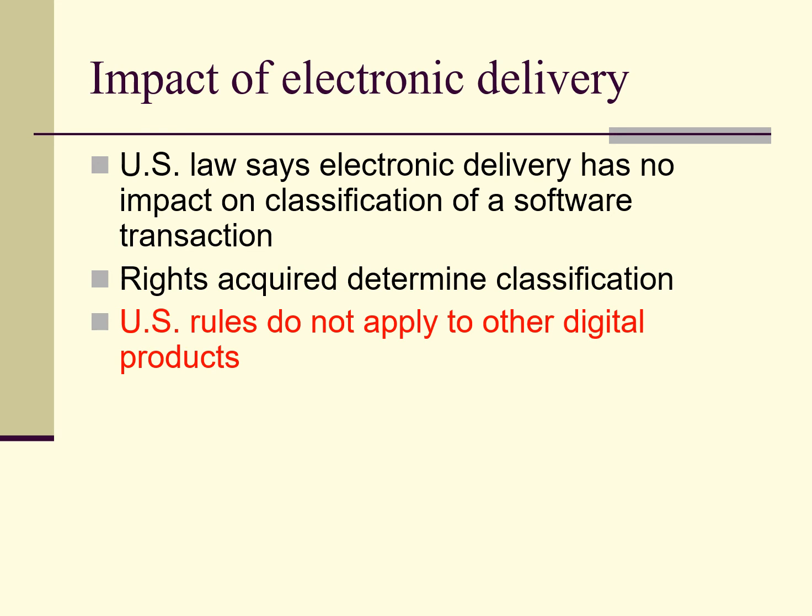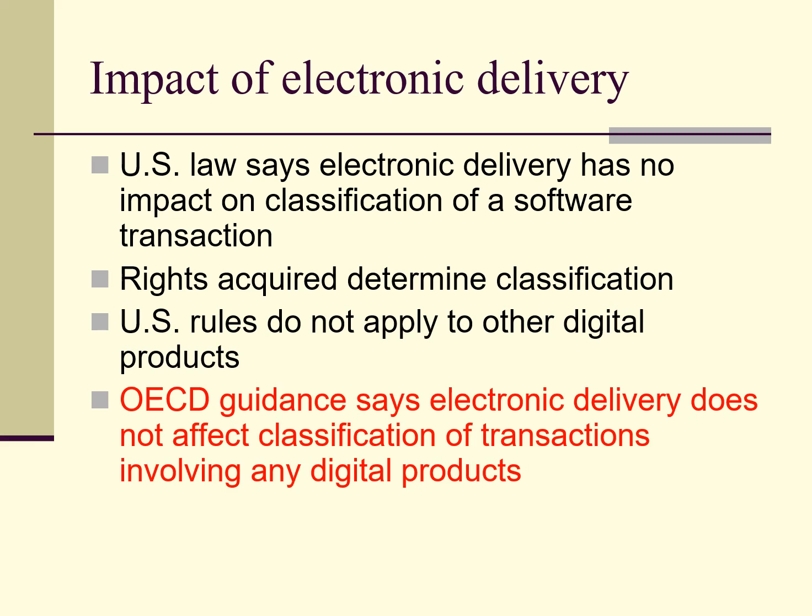Note that the U.S. software regulations do not apply to digital content other than software. However, it seems clear that the rights acquired will determine the classification of digital content, not whether they are electronically delivered.